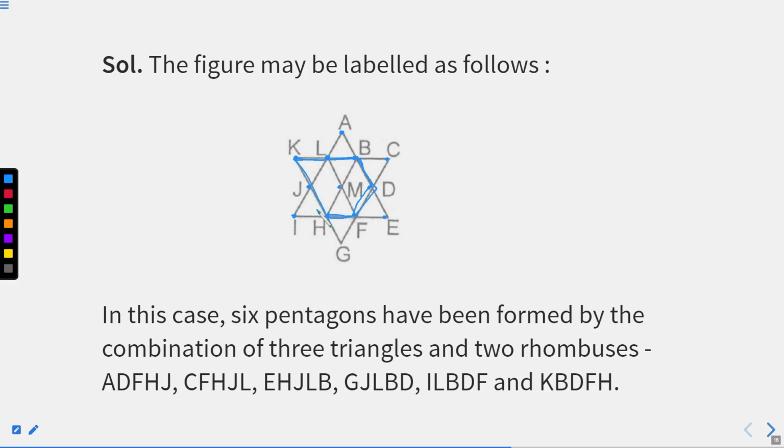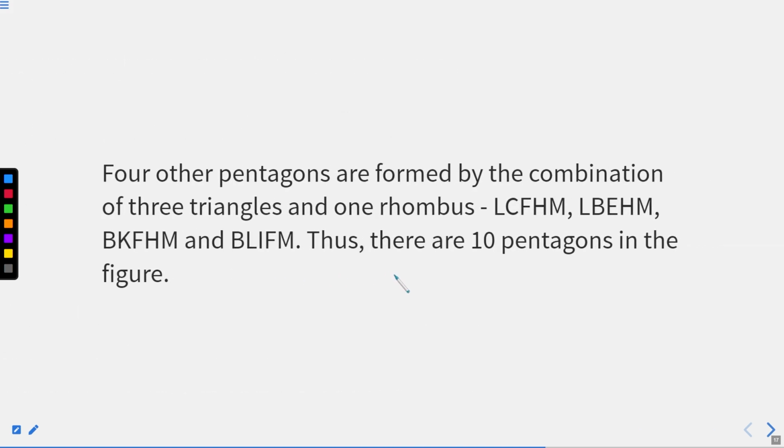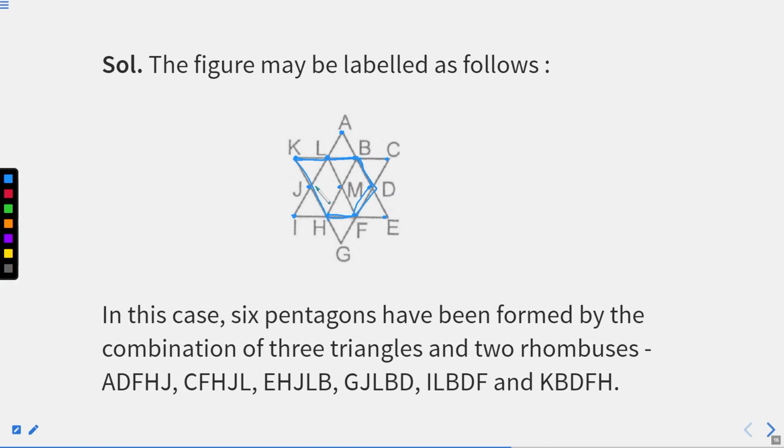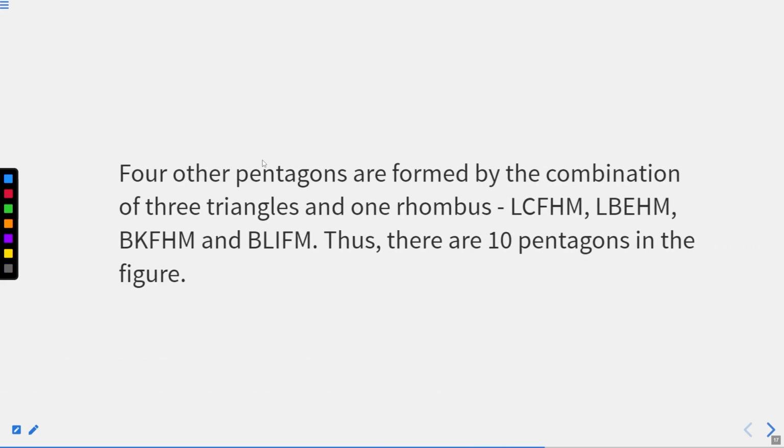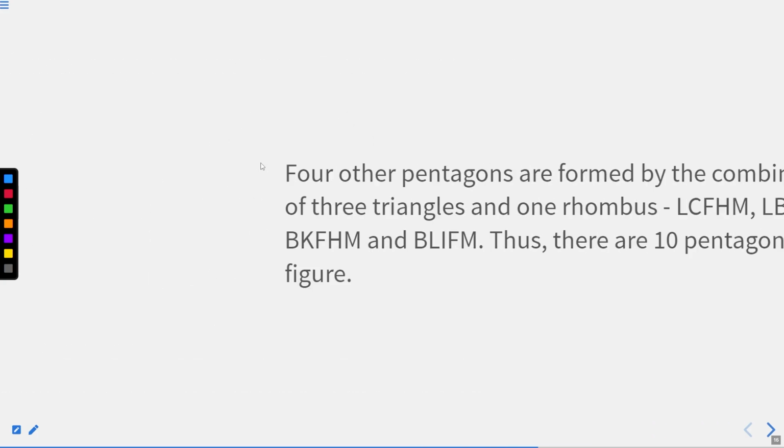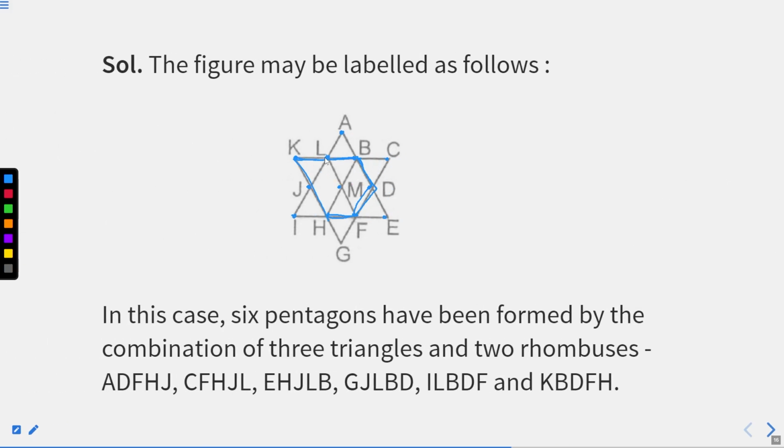I think this part is also clear, right? So we are already following all these pentagons, right? In similar manner, let's just do this one also. LCFHM. I'll use a different pen. LCFHM, right? I'll form it for you.